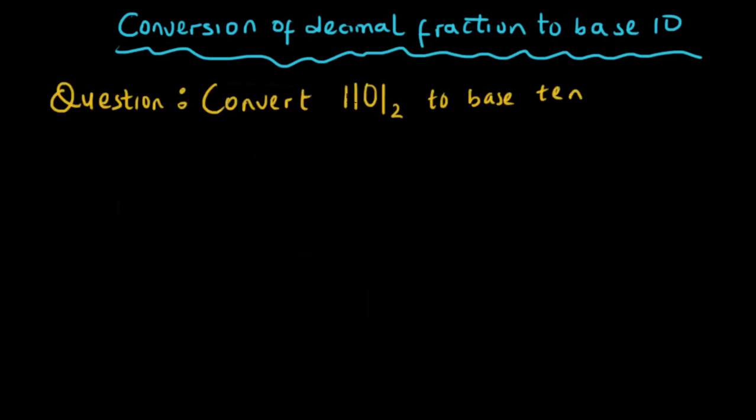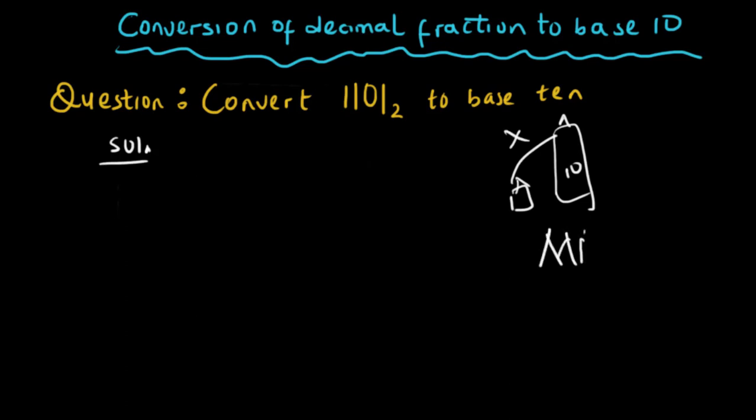Now in this question, we are told to convert 1101 in base 2 to base 10. Remember, we are converting from base 2, which is like a bungalow, to base 10, which is a natural base, and it's like a promotion, so we multiply. You multiply, you rank, and you simplify.